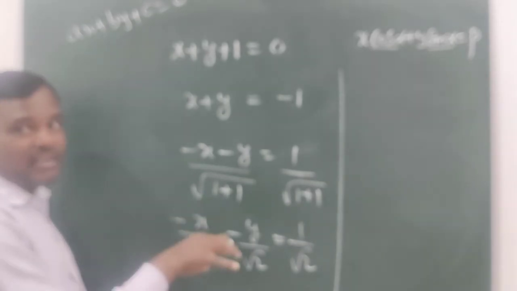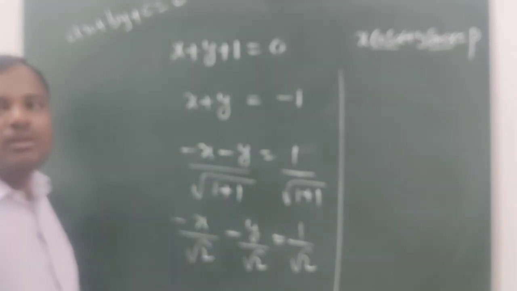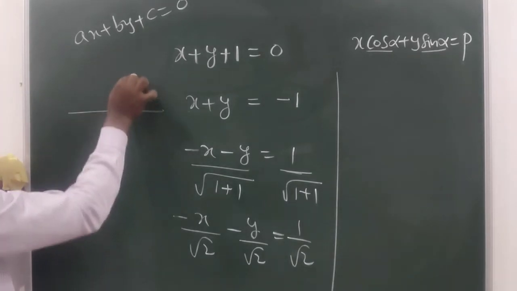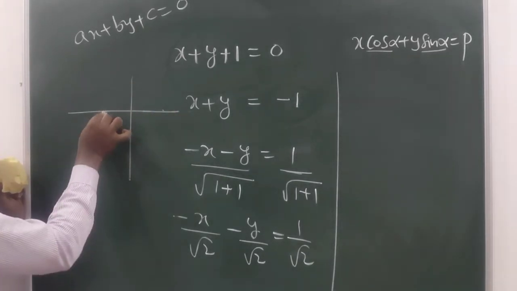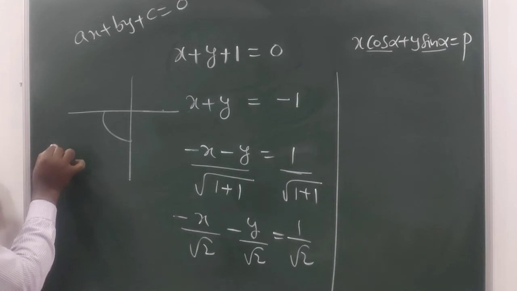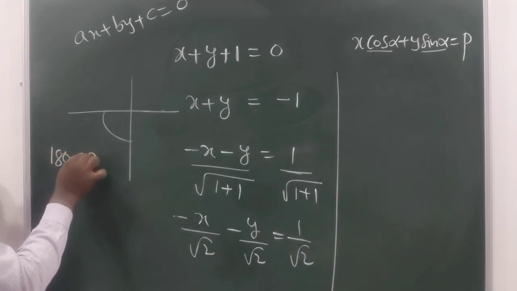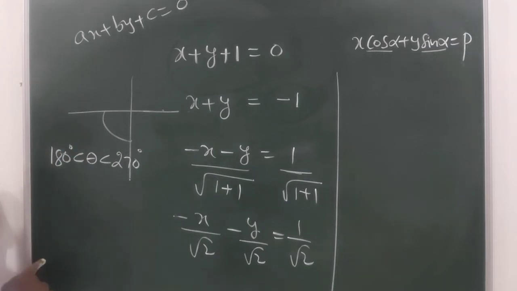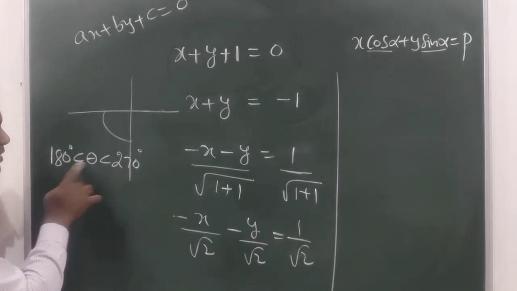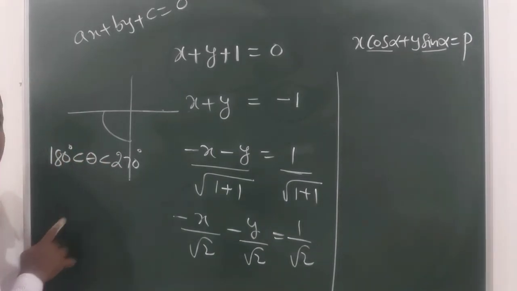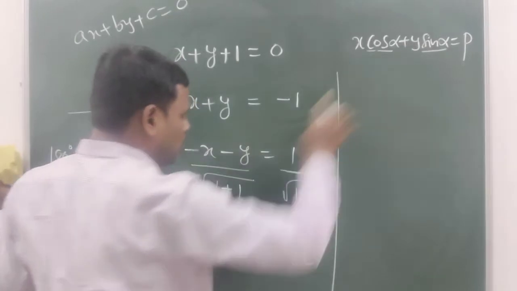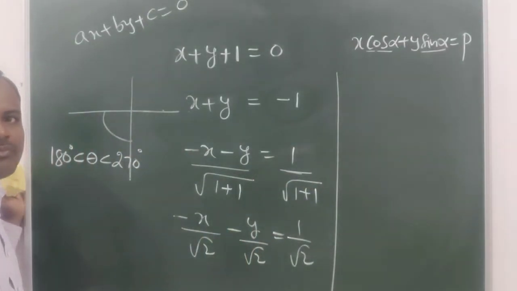In the third quadrant, you know the interval for the angle: from here to here, more than 180 degrees and less than 270 degrees. So between 180 and 270, at one particular angle, cos is going to be minus 1 by root 2 and sin is going to be minus 1 by root 2.